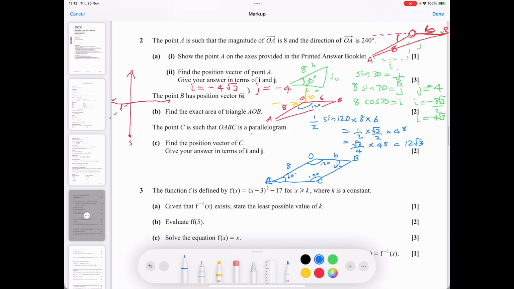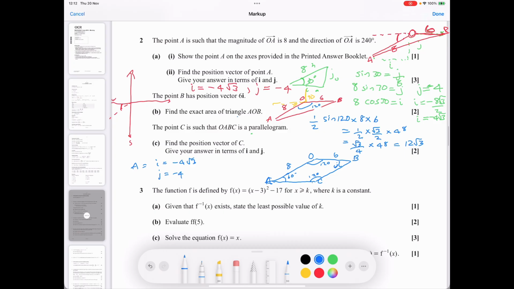Okay, find the position vector of C, and give your answer in terms of i and j. So we know that A equals, so i is minus 4 root 3, and j equals minus 4.